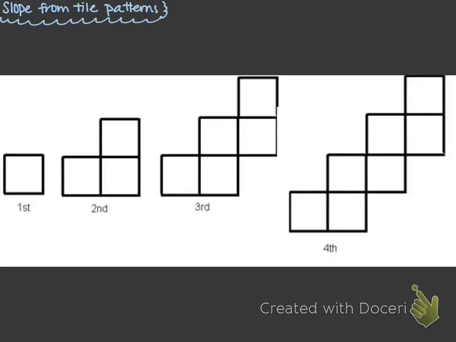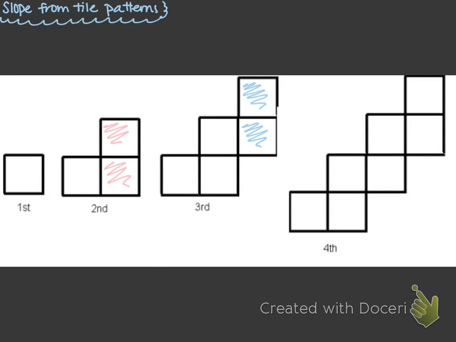Now, slope from a tile pattern. Once again, we're looking at how much we increase or decrease by every time. What is the growth of this pattern? So if I look from the first shape to the second shape, I notice that I have 1, 2 additional tiles that I did not have before. And if I look at my third block, I have 1, 2 additional tiles that I did not have on my second set of blocks.